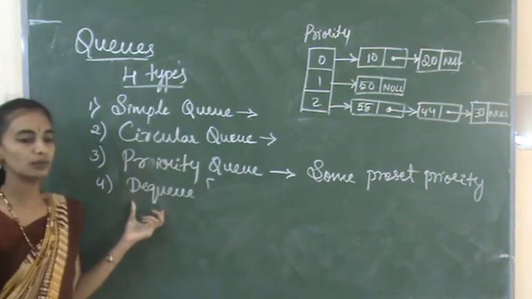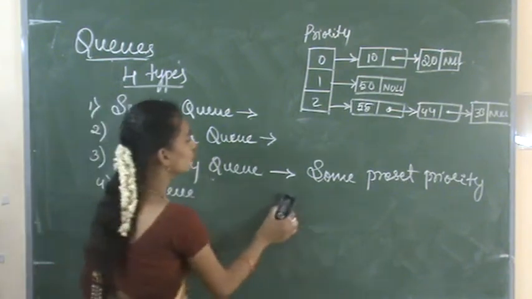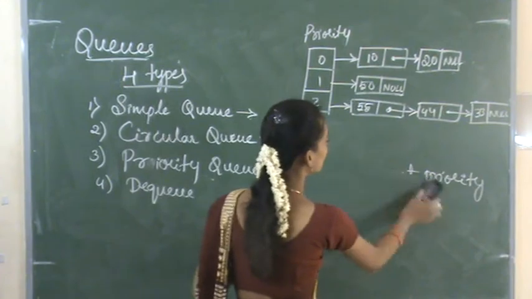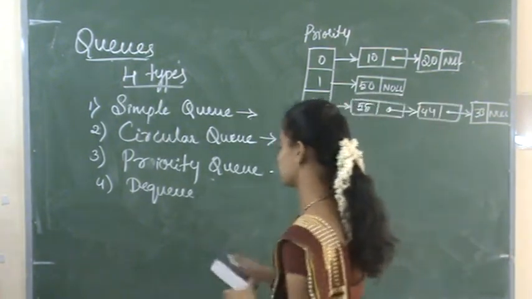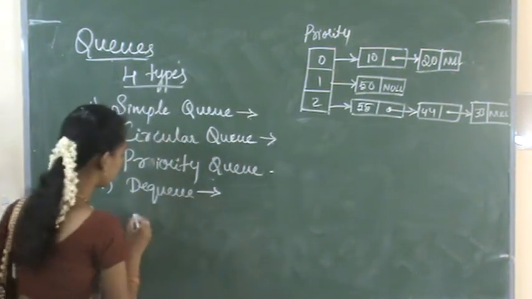Next we have the D queue, which means double-ended queue, which means it has two ends.